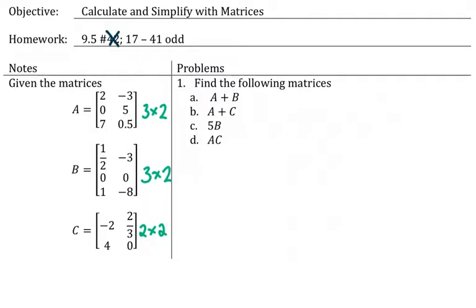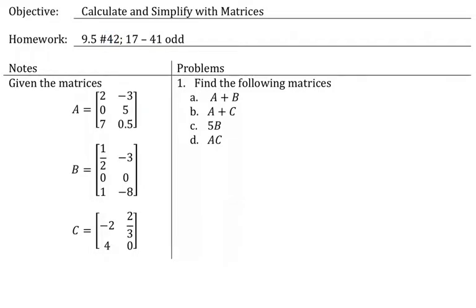Now, these A and C have different dimensions, so if I want to add them together, I actually can't. And so B is no solution, because we have mismatched dimensions and we just can't add them. So it's a very easy problem if you notice those dimensions.